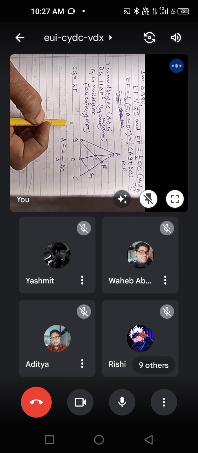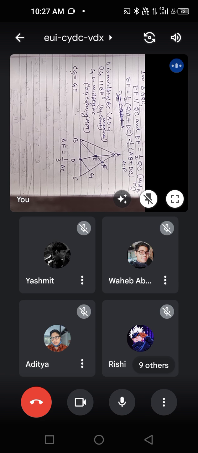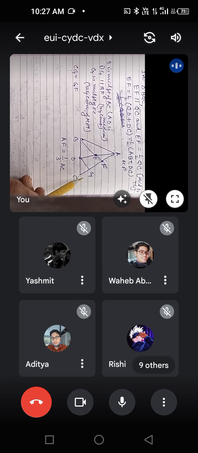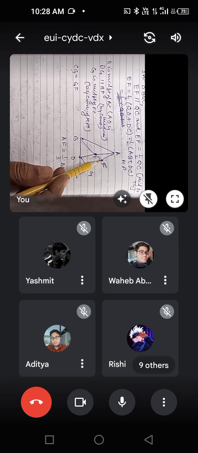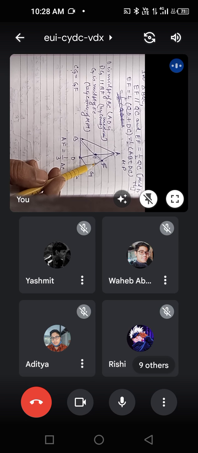Because this was the midpoint here, and this line is drawn parallel here. So in this triangle, a line through the midpoint of one side of a triangle parallel to the second side bisects the third side. So these two are equal. This is okay now?